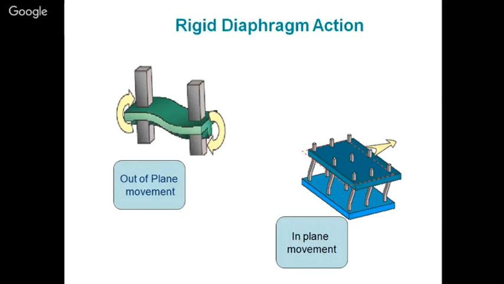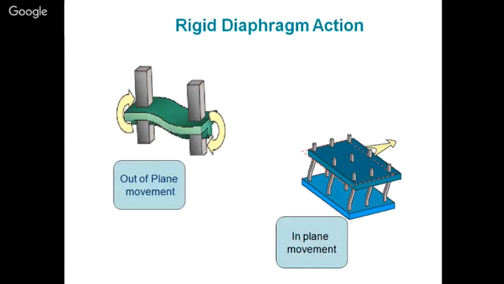One more thing is there, in case of the RCC as well as masonry type of structures. In case of rigid diaphragm action, as we have shown here in the bottom right corner, we divide the lateral forces according to the stiffness of the frames or the components.